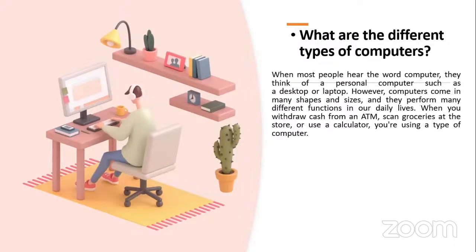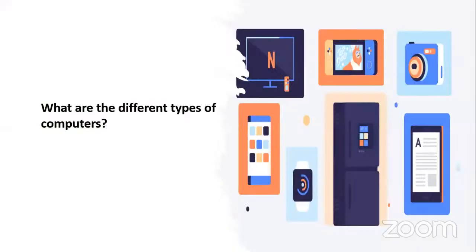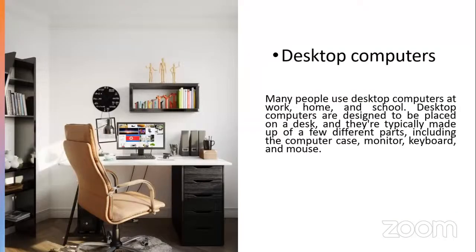It's not limited to just a desktop or a laptop. So there are so many different types of computer. What are the different types of computer? Number one, we have the desktop computer. Many people use desktop computers at work, home, and school.